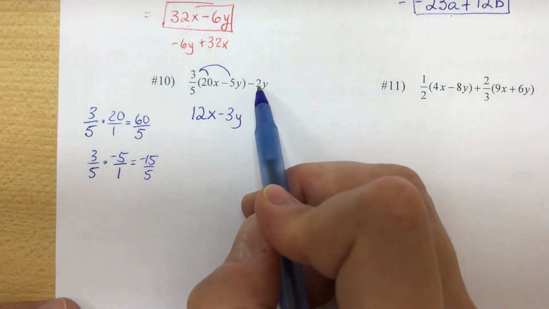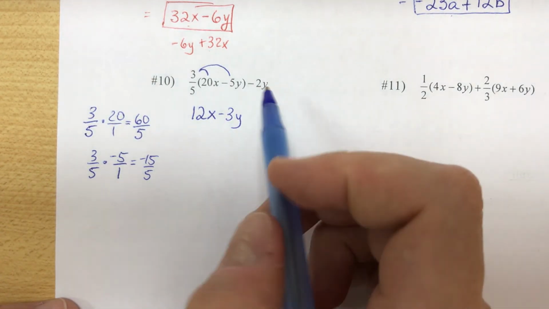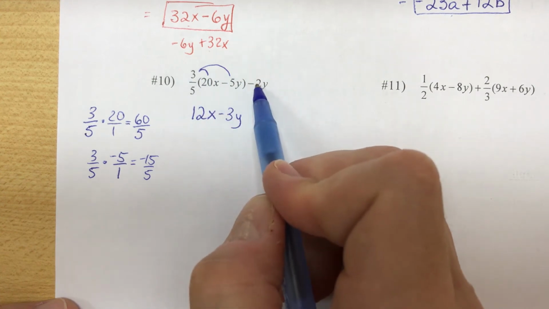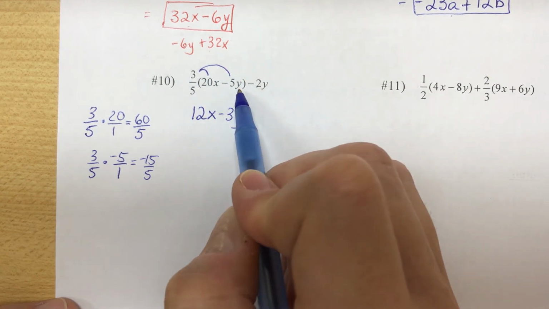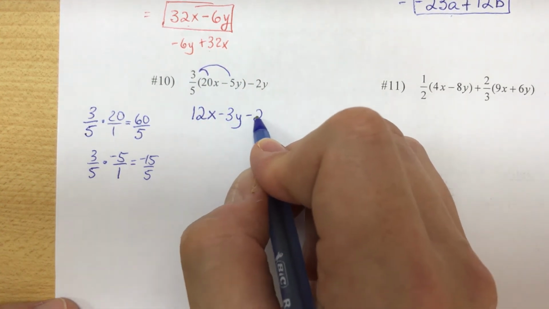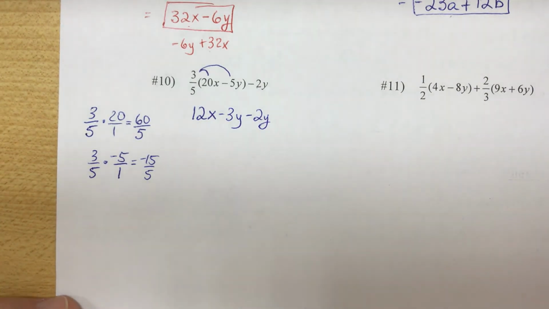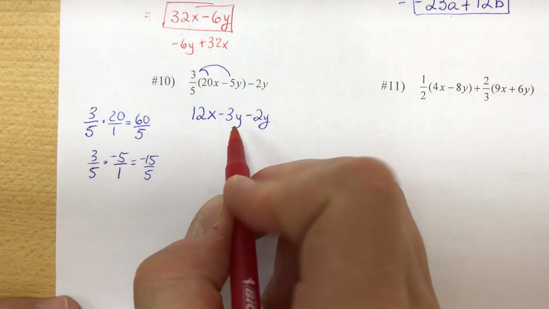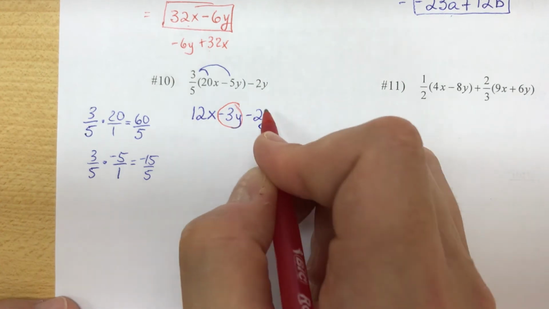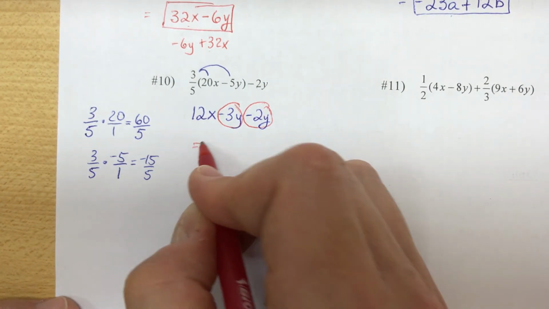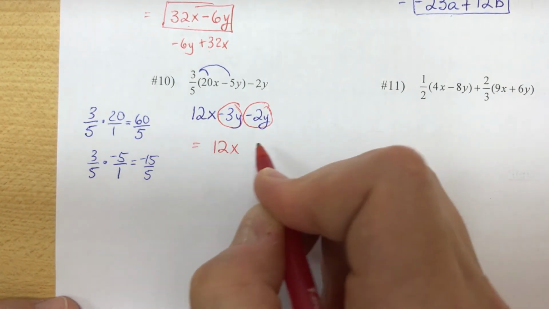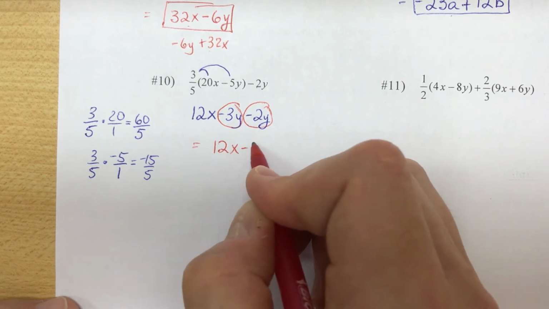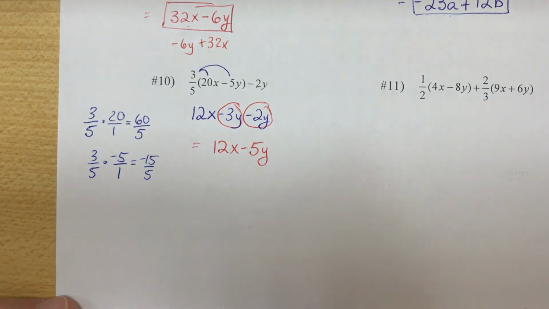Now we have this minus 2y afterwards. That does not get distributed because that's not in the parentheses. That's just minus 2y. We do have like terms. Negative 3y minus 2y. And so that would be minus 5y.